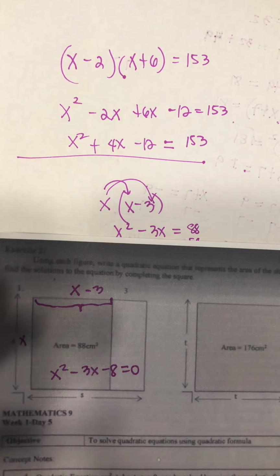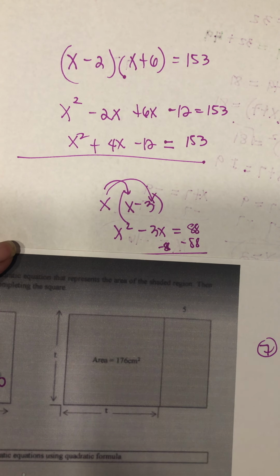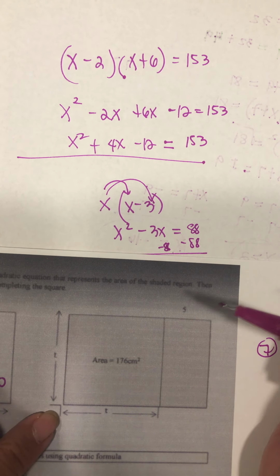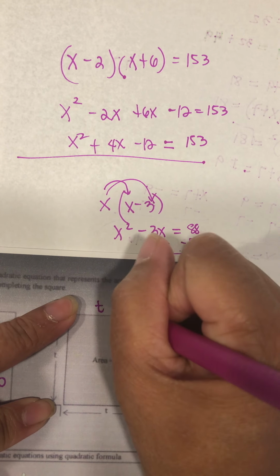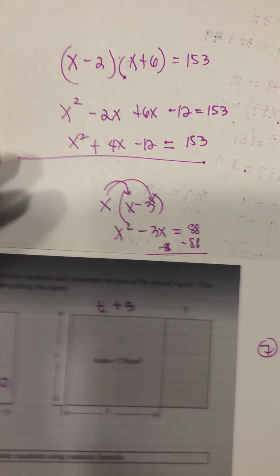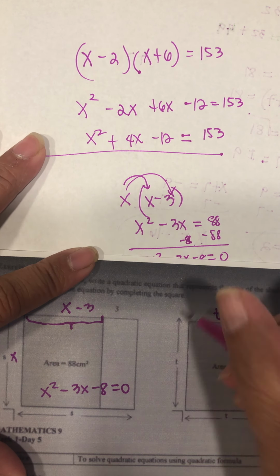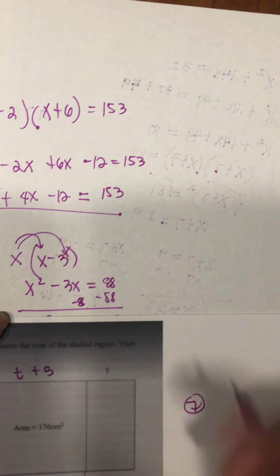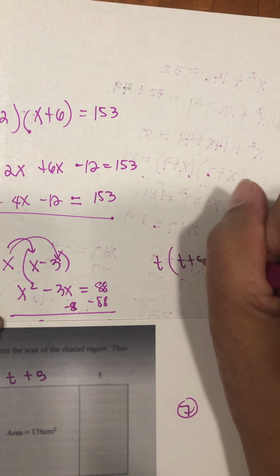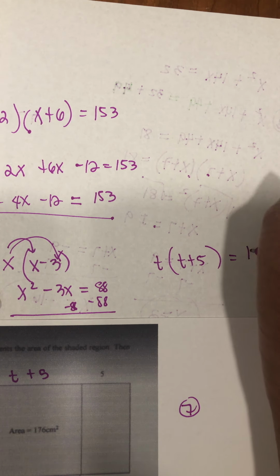All right, now let's look over here. In this case, this is your t. So this side is t plus 5 because you're adding 5. Here, you see, it's not shaded, so this is subtraction. And this side is simply t. So let's multiply them. t times t plus 5 equals the area of 176.